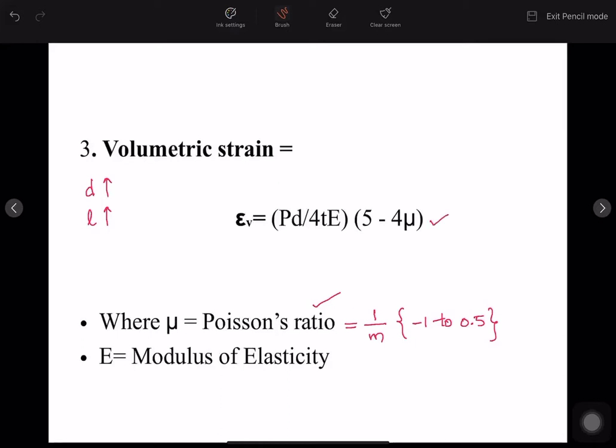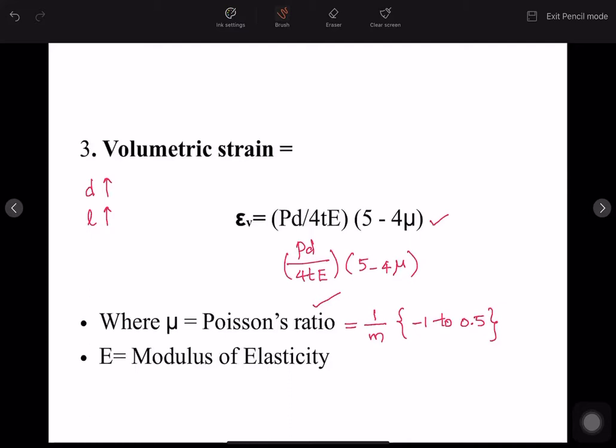The derivation we'll see in the next class. For the time being, just remember this equation, which is PD by 4 times TE into 5 minus 4 mu.